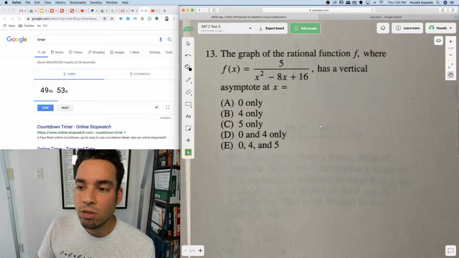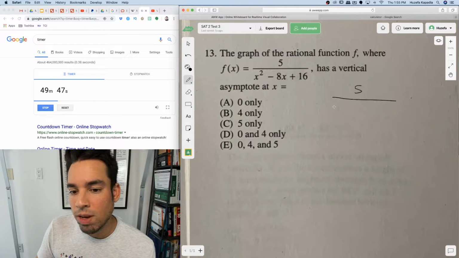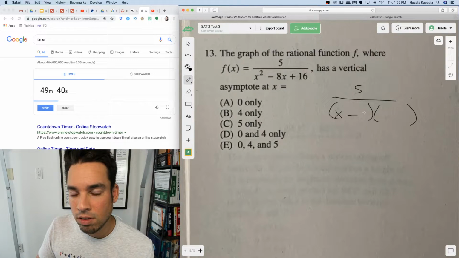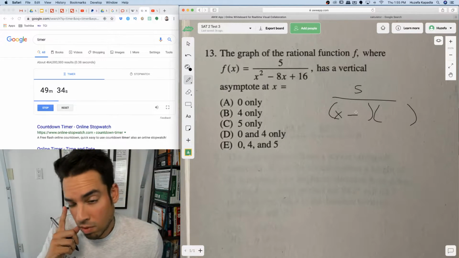The graph of the rational function f, where this has a vertical asymptote. Okay, vertical asymptote is where the denominator goes to 0, so I'm going to factor. And I've got x minus... Wait a minute.